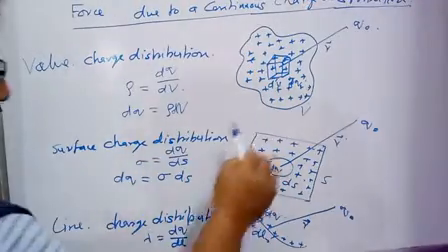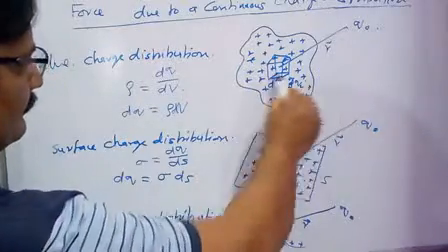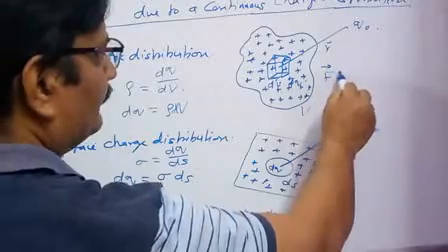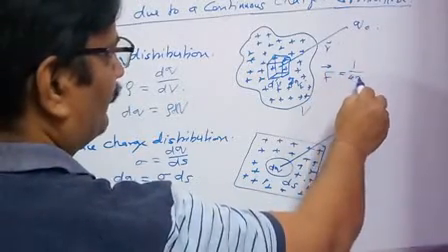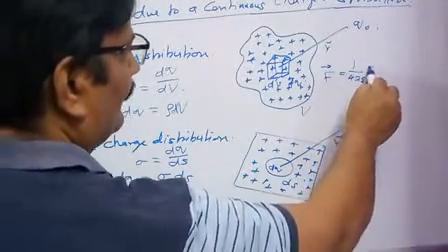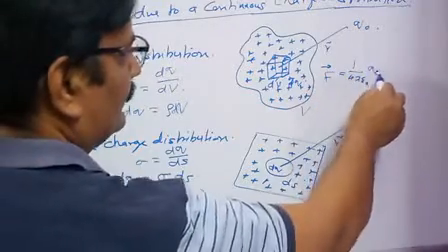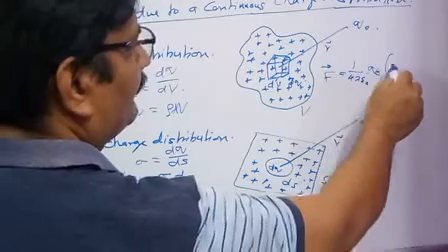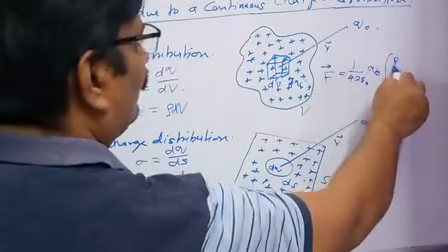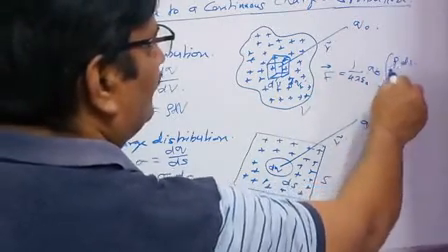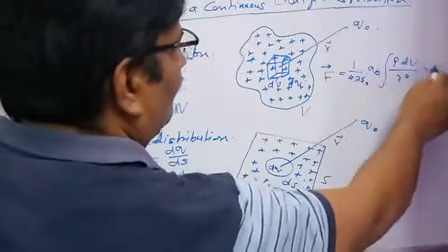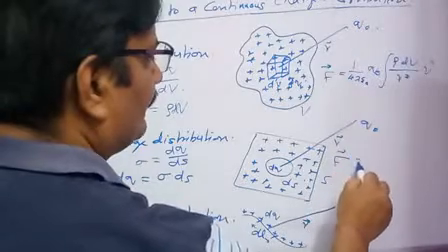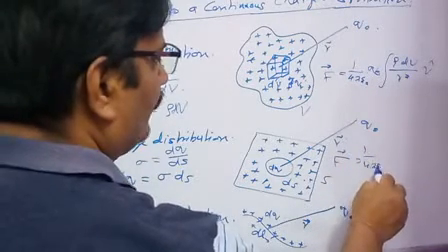So the force acting on this point charge would be written as F is equal to 1 by 4 pi epsilon naught q naught, where q naught is the point charge, integral rho into dV divided by r square, r cap. In the second case, the value of the force is going to be 1 by 4 pi epsilon naught.